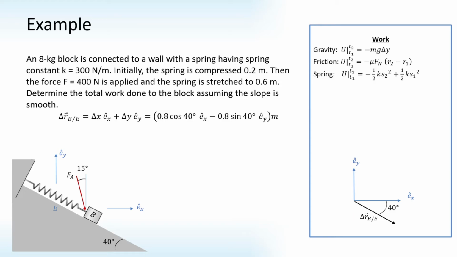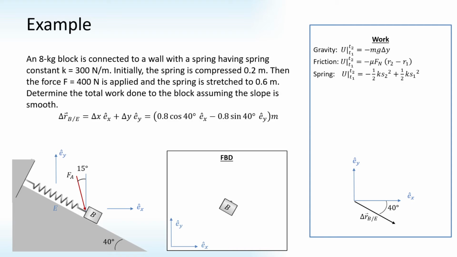This should help us see that the block moves 0.8 cosine 40 EX minus 0.8 sine 40 degrees EY in meters. A free body diagram might also help us understand the forces. So I will add the weight and the normal force and the spring force and the applied force.